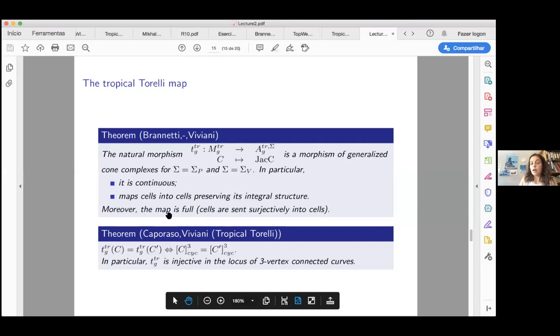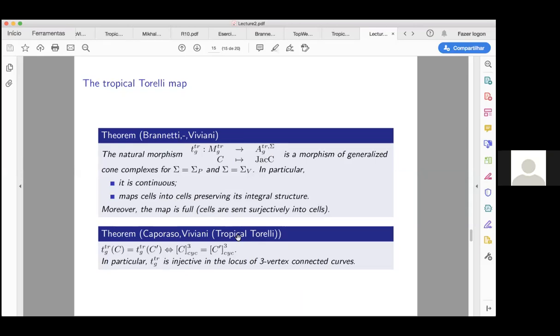Moreover, there is something more in this situation: the map is full, meaning that cells are sent surjectively into cells, in both situations. Question: is the surjectivity between cells over Z or over R?